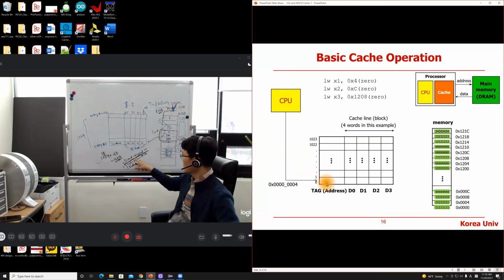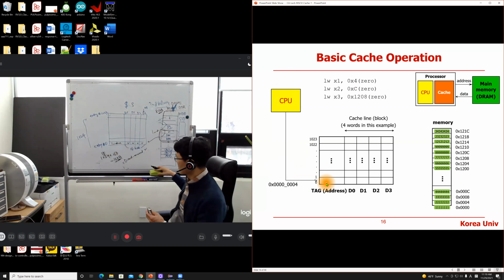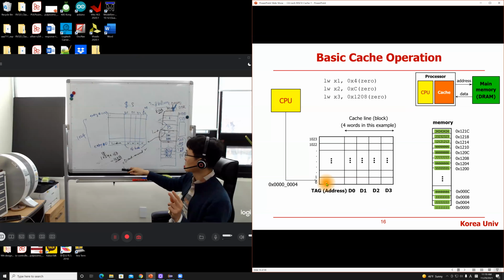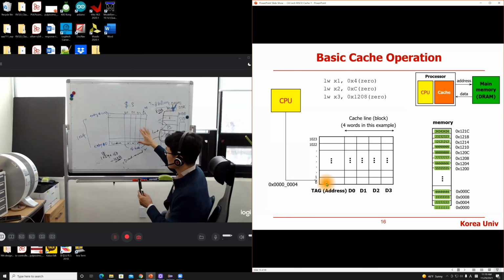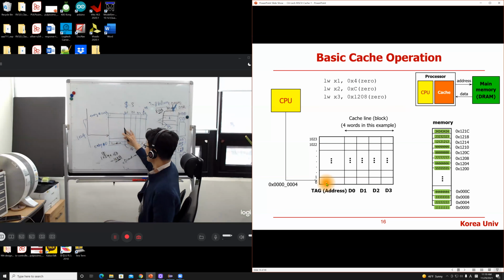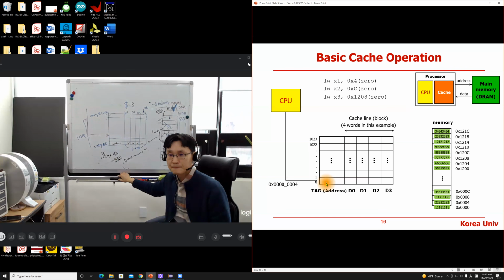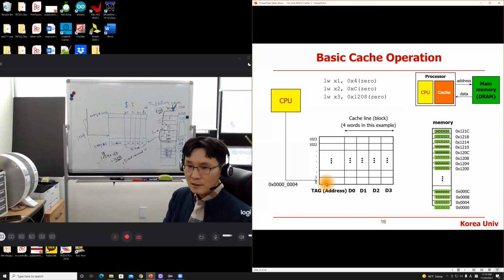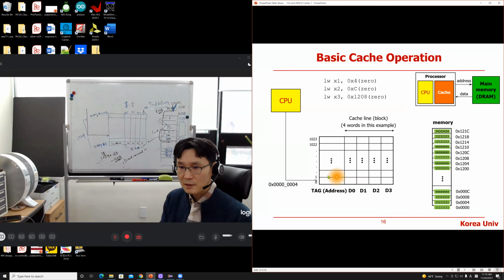Okay, so in direct map cache case, don't worry about these 2. When cache is searched, only one cache entry is selected for lookup. Then compare that tag information, location information, against the memory location CPU requested.